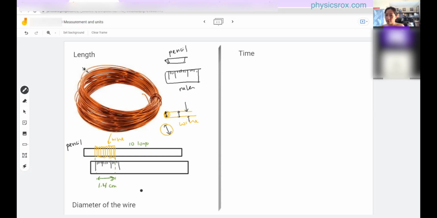You understand the question, don't know how to get the answer. Okay. If it's 1.4 cm, then you need to divide by 10.